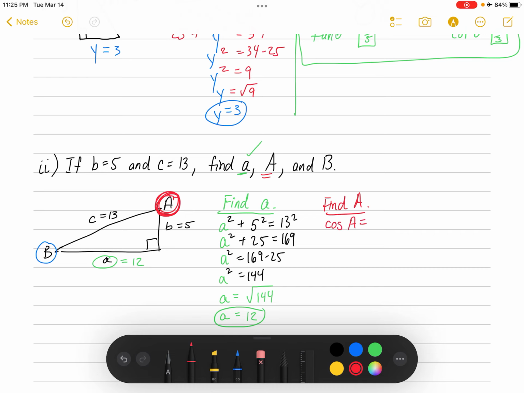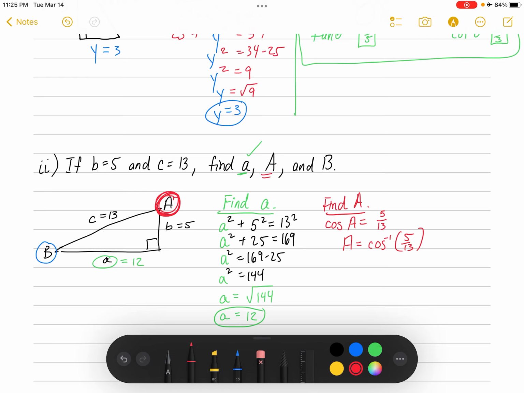Cosine of capital A is 5 over 13. Now, if I wanted to find A to an approximate value, I drop the cosine here on the left side, I take it to the right, it becomes the cosine inverse. So A is going to be the cosine inverse of 5 over 13. Now, we can't find that value exactly analytically, but we'll estimate in the calculator.